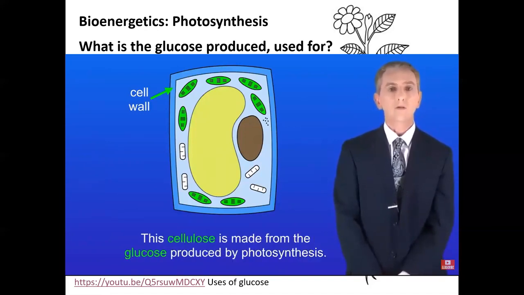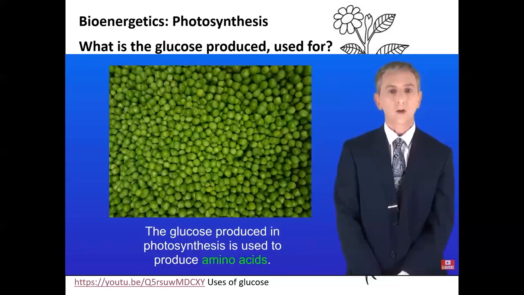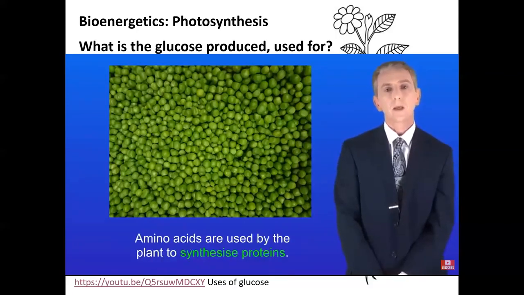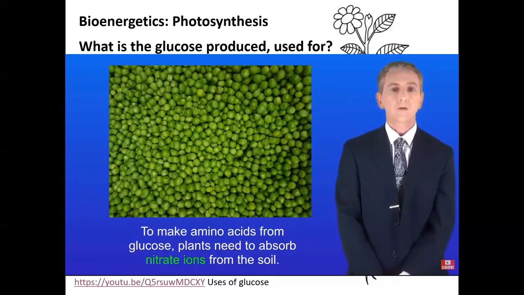This cellulose is made from the glucose produced by photosynthesis. Okay, there's one final use for the glucose produced in photosynthesis, and that's to produce amino acids. Now, amino acids are used by the plant to synthesize proteins, and foods such as peas are good protein sources. To make amino acids from glucose, plants need to absorb nitrate ions from the soil.